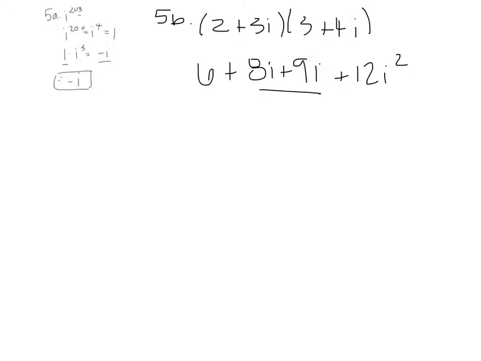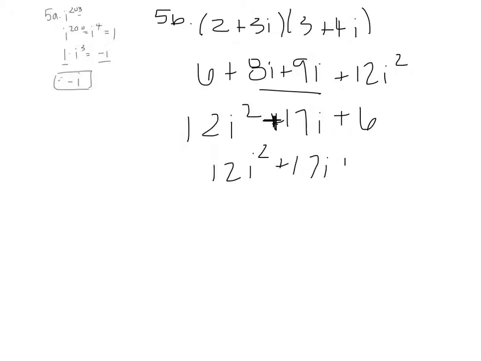We add these together, we get 12i squared plus 17i. Oops, that is a plus sign. Plus 6. Let me rewrite that. So we get 12i squared plus 17i plus 6. That is our answer for 5b.